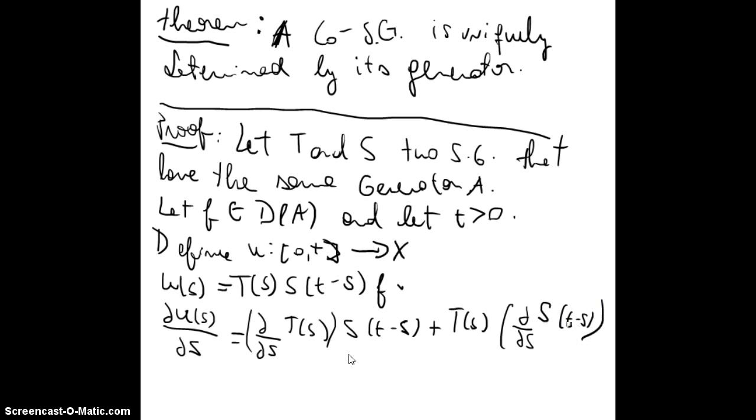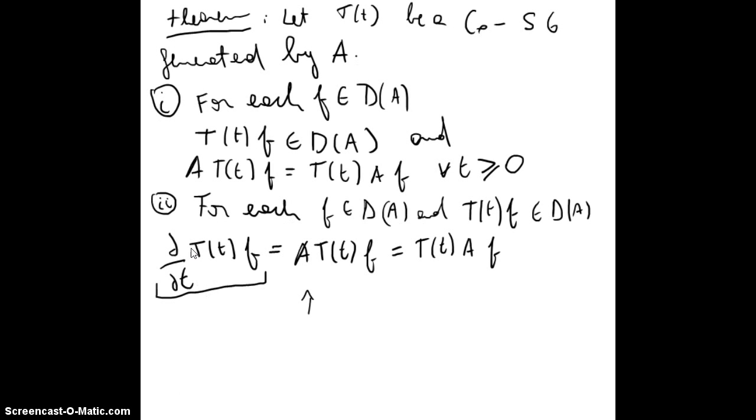Okay, so recall that T and S are semigroups. We are deriving semigroups in their own variable s. So we have to go back to what we did, but we know that d/dt T(t)f is A T(t)f. Okay, so we just will apply that.